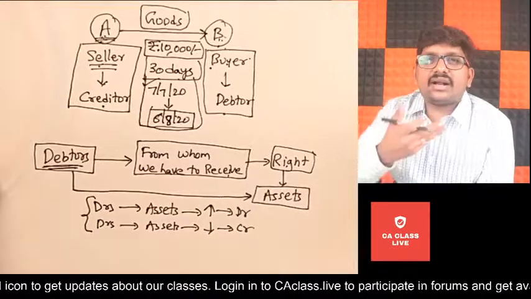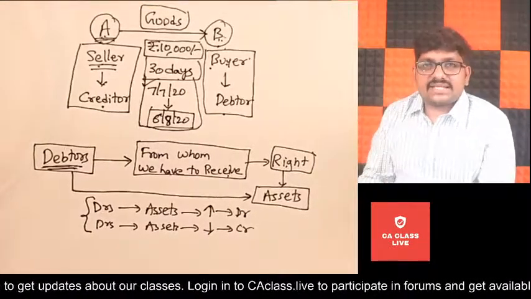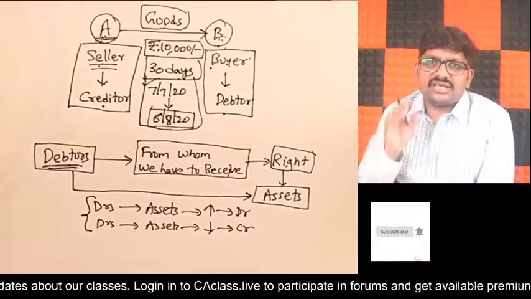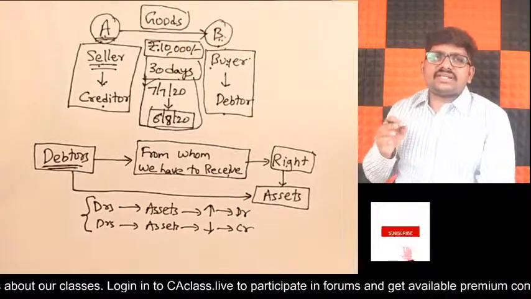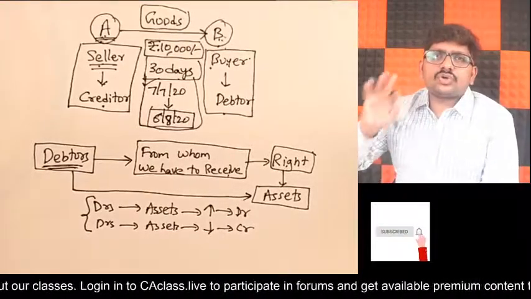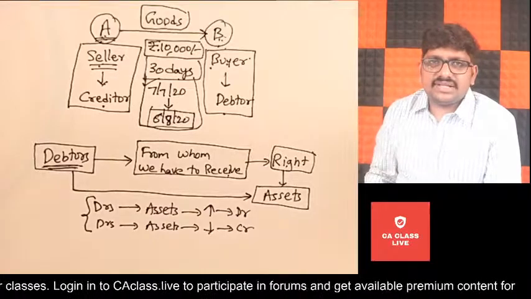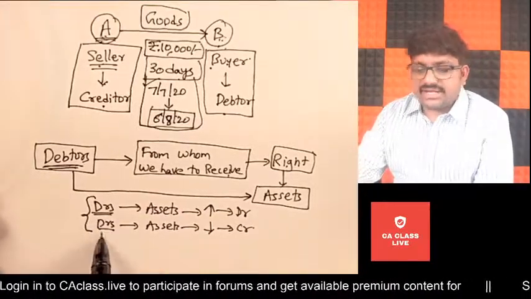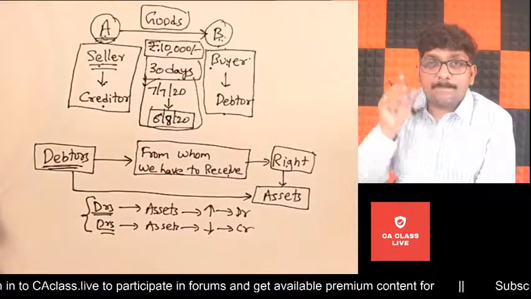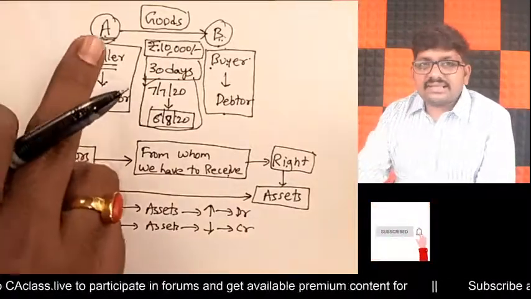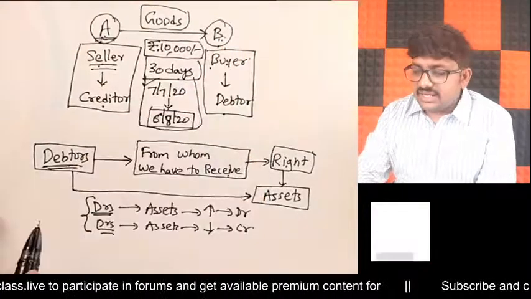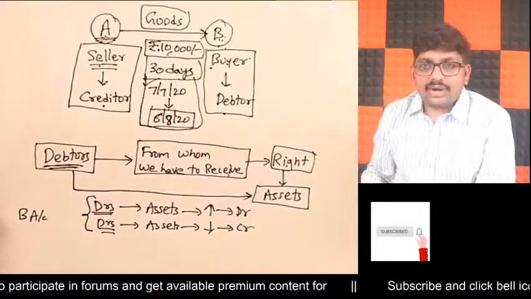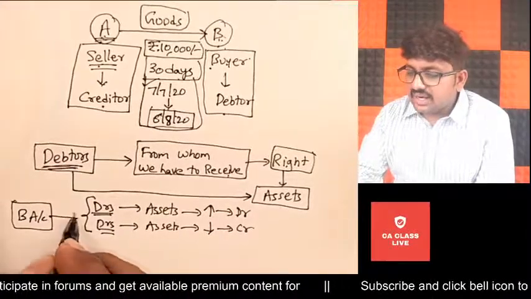And usually debtors is a general term, friends. For example, you do not know the name of the customer that you have sold to. In exam questions, they just simply say that you sold goods to customers on credit basis, and they did not mention the name of the customer. Then you will use the term debtors. If they say specifically to a person, for example, A sold goods to B, now I will open a separate account called B account, and B account is my debtor.